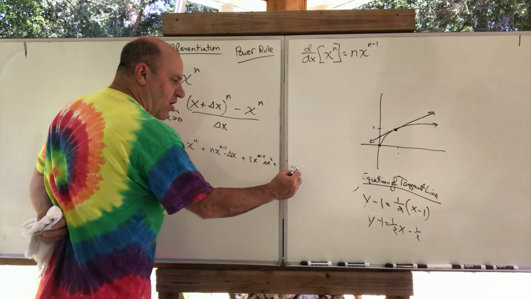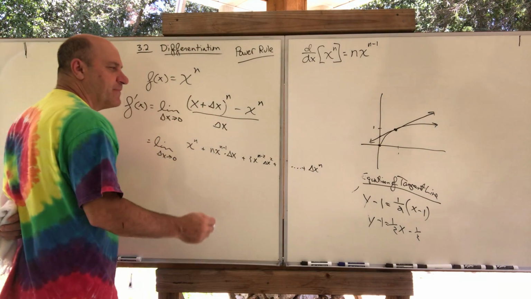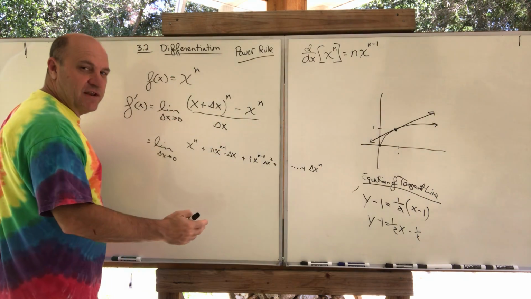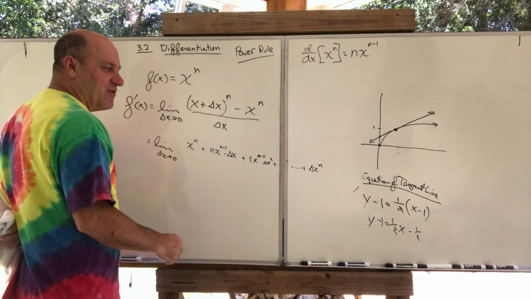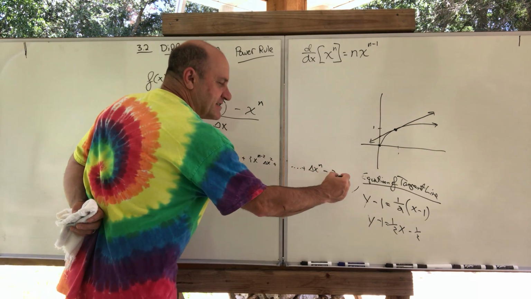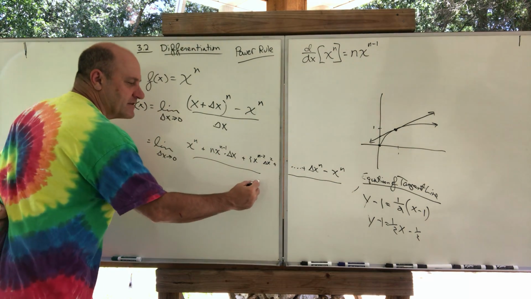And that'll go all the way out until finally the last term is delta x raised to the n. So if this was completely FOILed out, it'd be this long, long polynomial, and this would be what it looks like, minus this x to the n, that's this term, all over delta x.